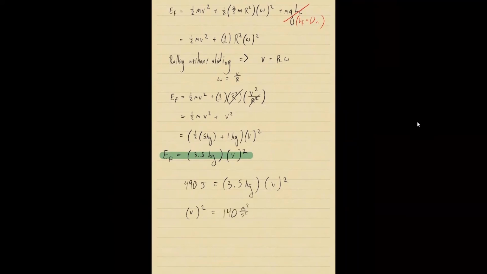And then if we take the square root of both sides, we can find that the speed of the ball at the bottom of the ramp is about 11.8 meters per second.